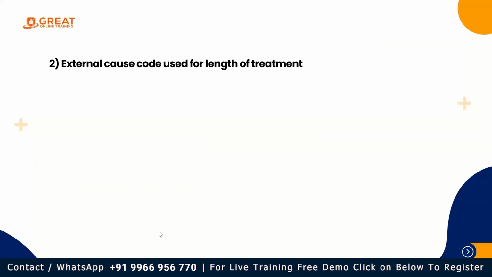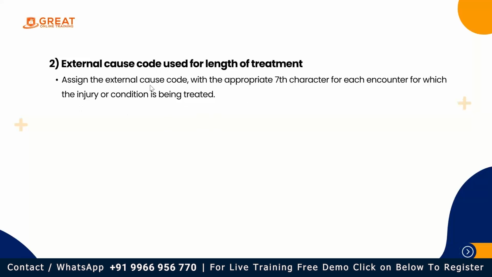Sometimes we get a specified external cause code, so first we need to go and see the details of that code, whether we have a specific code or not. Next point, external cause code used for length of treatment: assign the external cause code with the appropriate seventh character for each encounter for which the injury or condition is being treated.